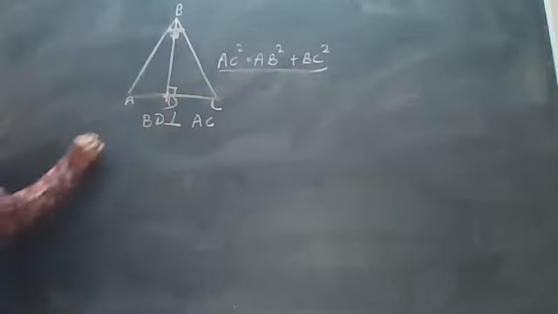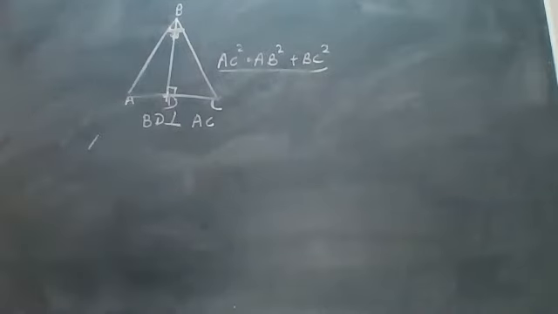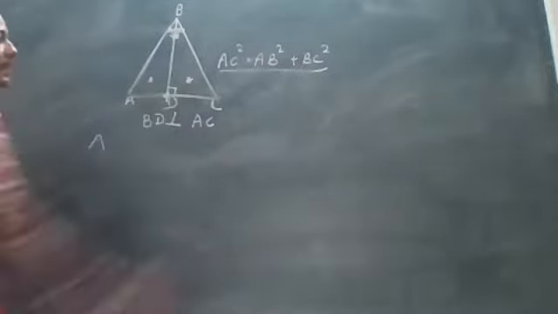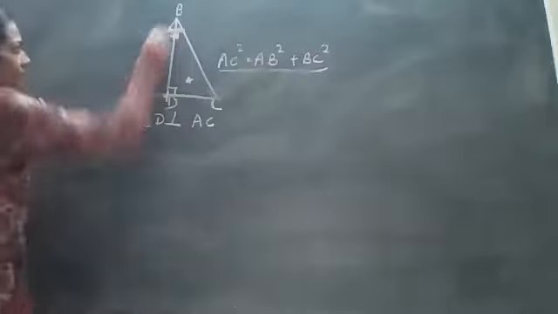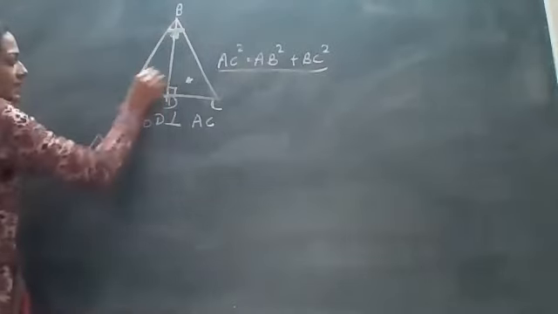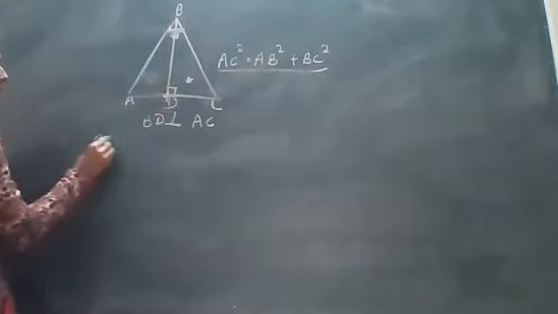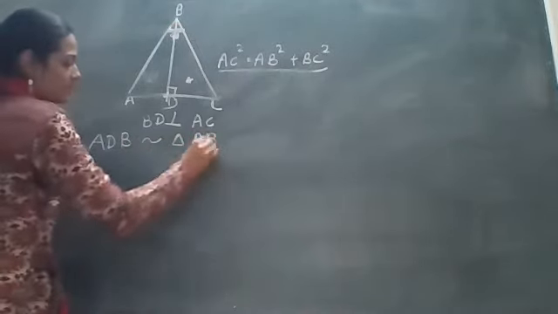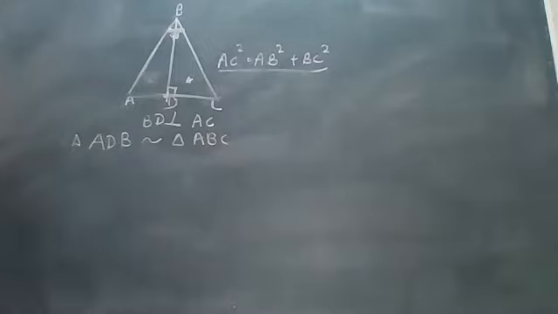So from theorem 6.7 we can say that ADB, how we are taking this triangle and how we are taking this triangle. Okay, so triangle ADB, first we are taking this triangle ADB with the whole. ADB is similar to triangle ABC. So what will become?